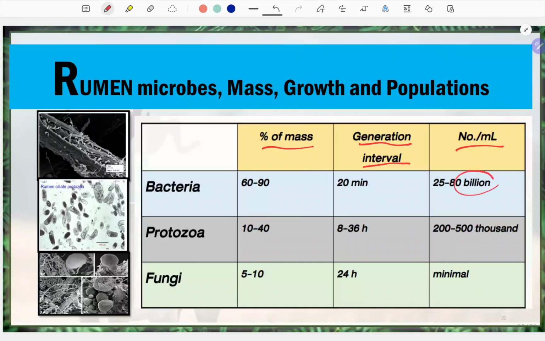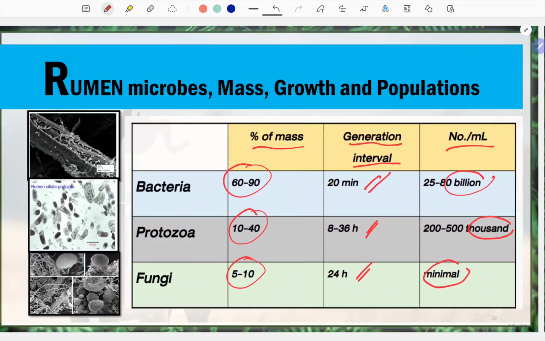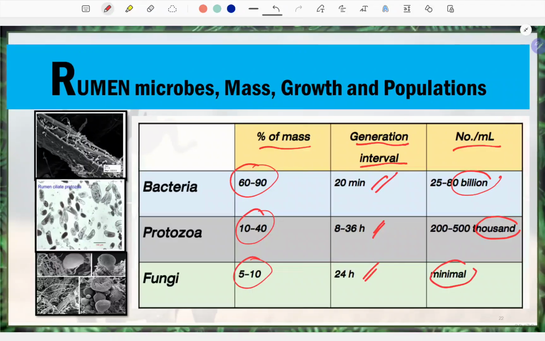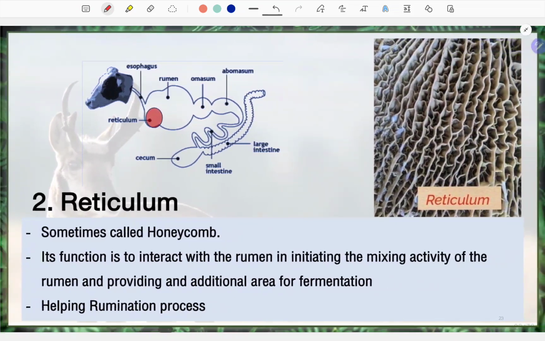Okay, this is billion, this is thousand, the minimum. Okay, mass a lot, medium, and the lowest one. This one has a very fast generation interval time, and this is later, and the slowest one is fungi, 24 hours. It needs more time to have a complete cycle.